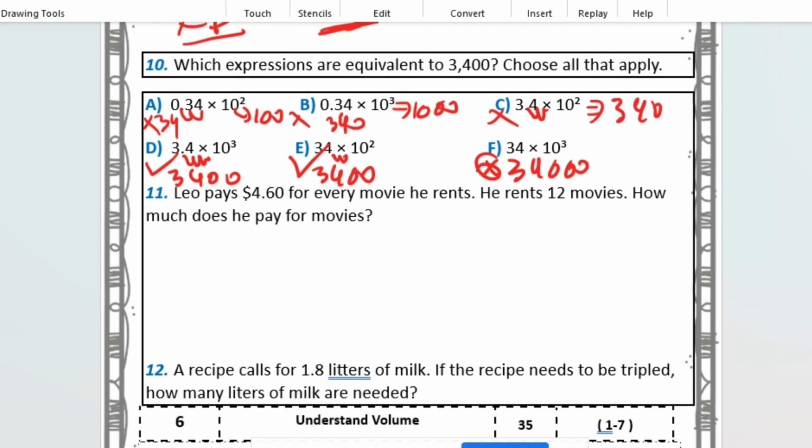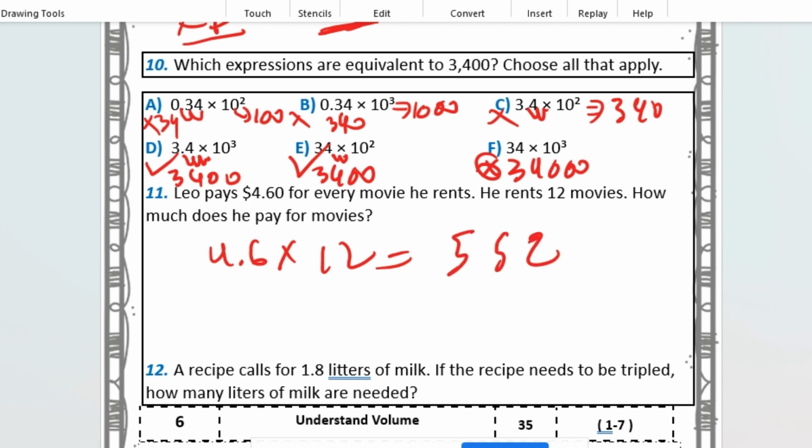Now, Leo pays $4.6 for every movie he rents. He rents 12 movies. How much does he pay for the movies? So it's 4.6 times 12. 46 times 12 is 552.